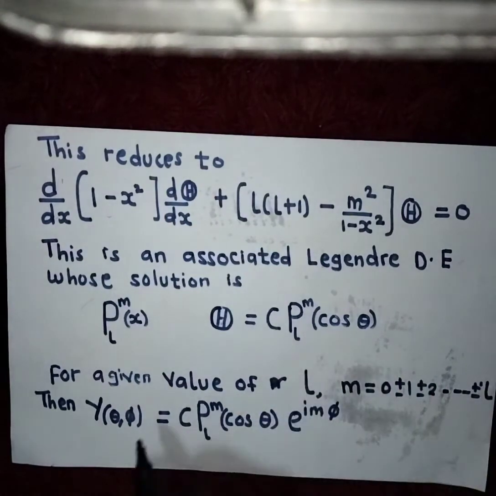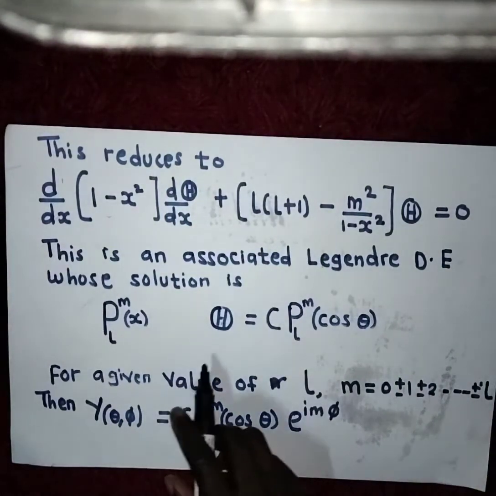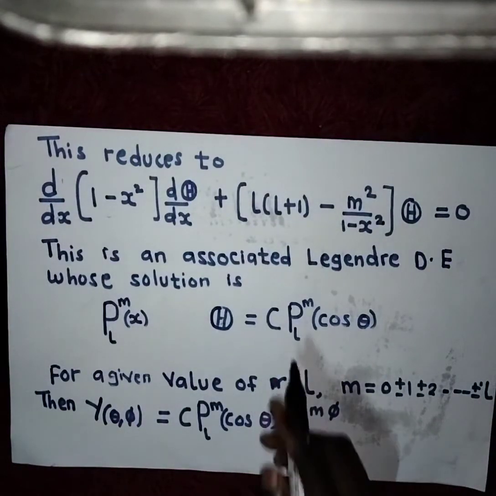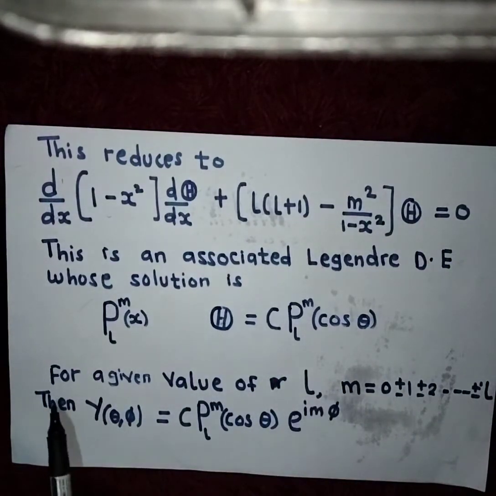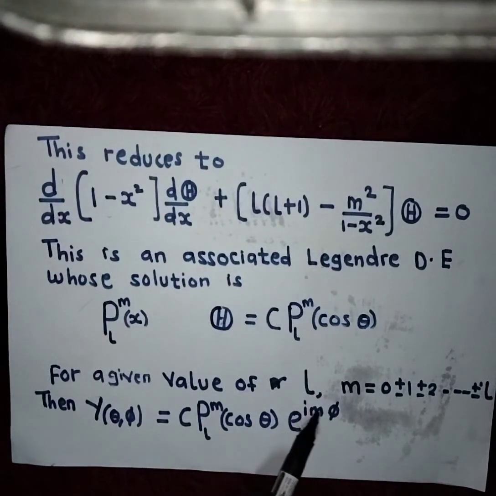So remember, we want to have now the spherical harmonics. So the spherical harmonics is Y. Remember we let Y to be a function of theta and phi. That is what we call the spherical harmonics. So the spherical harmonics is now given as C P_L^M(cos theta) exponential i m phi.